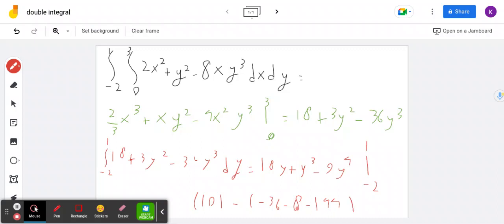When we simplify this, this becomes -44, and all of these become -188. So when we subtract this from 10, we get just 198 as our final answer.